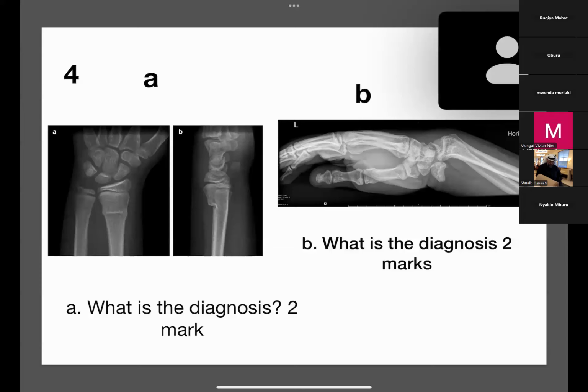Now, what about B? Can somebody give us the diagnosis of B? You can clearly see it's only one view that we have over here.